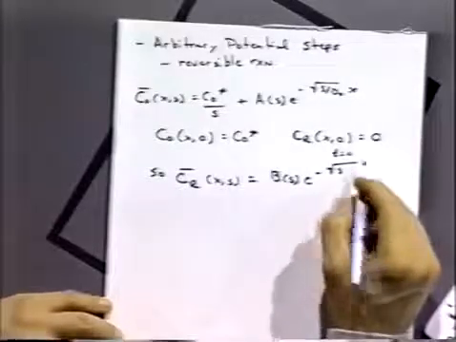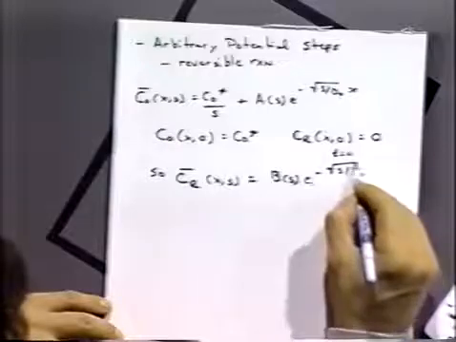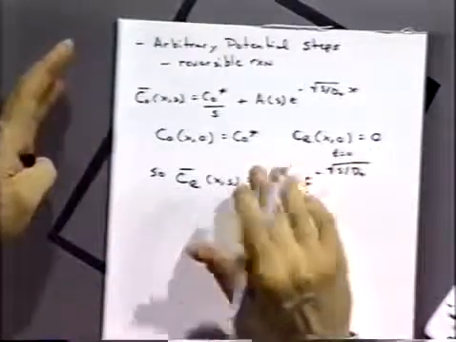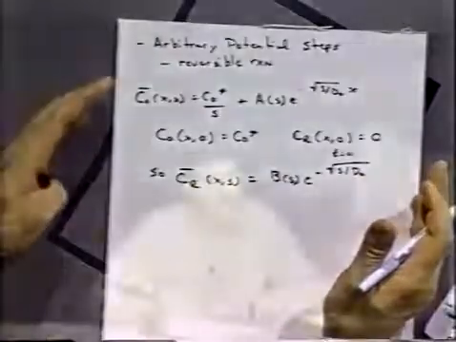Well, since we're doing an arbitrary potential step, there will be two parts of the system. We'll have oxidized and reduced molecules present simultaneously at the electrode surface. Because we're going to use the Nernst equation, we need to know both the concentration of O and the concentration of R.